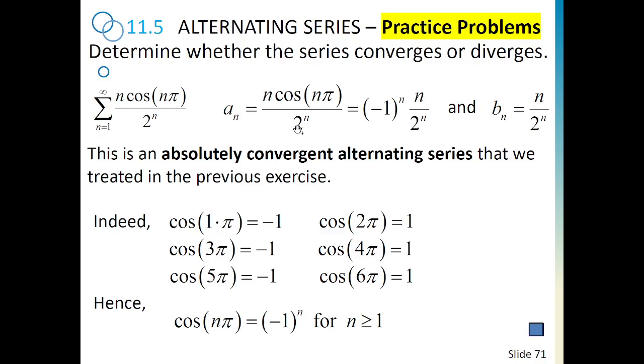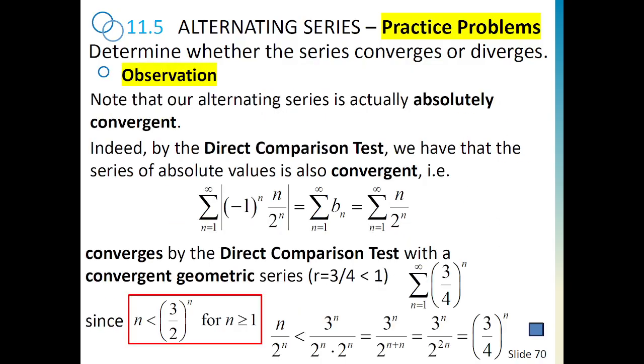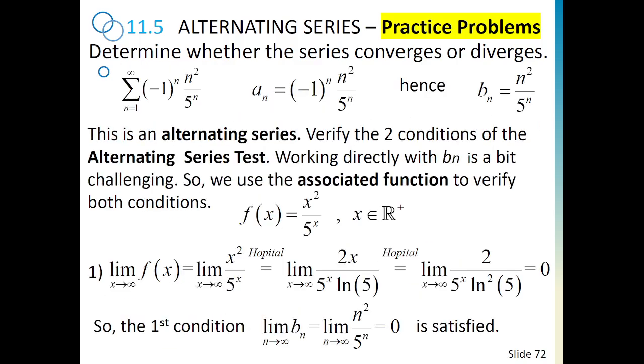Essentially this is an alternating series disguised in a complicated expression, but it's only an alternating series. Now we need to see if it's absolutely convergent or not. Well, in this particular case we just proved it because we have it here. So those are some examples that you can see here.